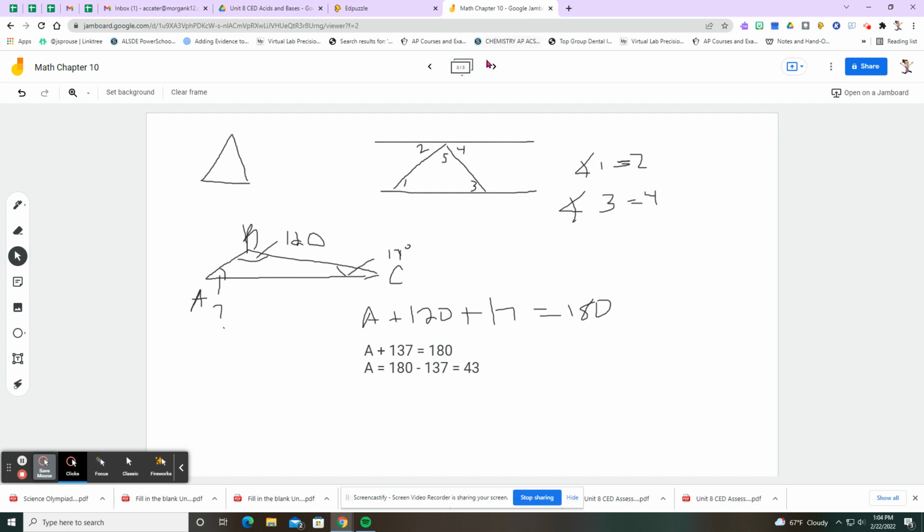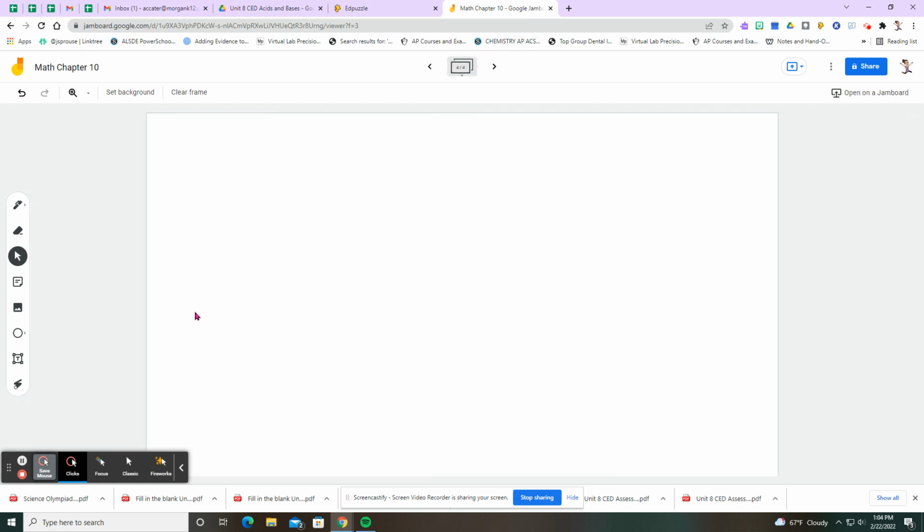Example 2 in the textbook, we have this very strange looking thing. We have a straight line here, a straight line coming down here, and we're going up and then back down here. So this is angle 1, this is 2, this is 3, 4, and 5.